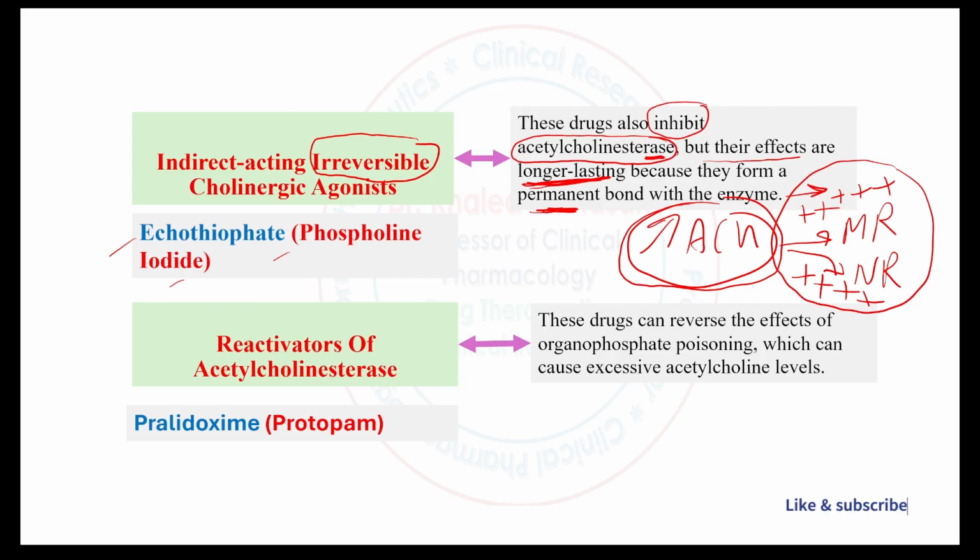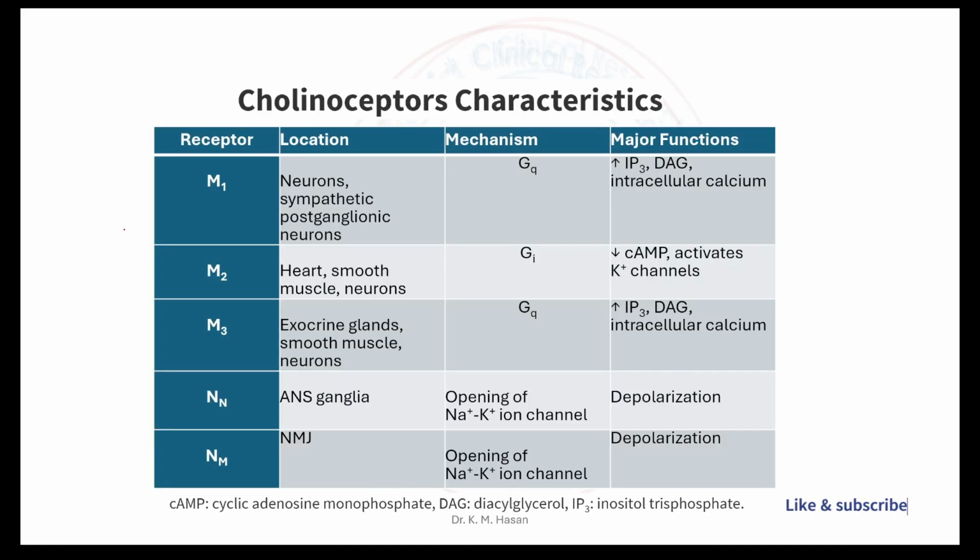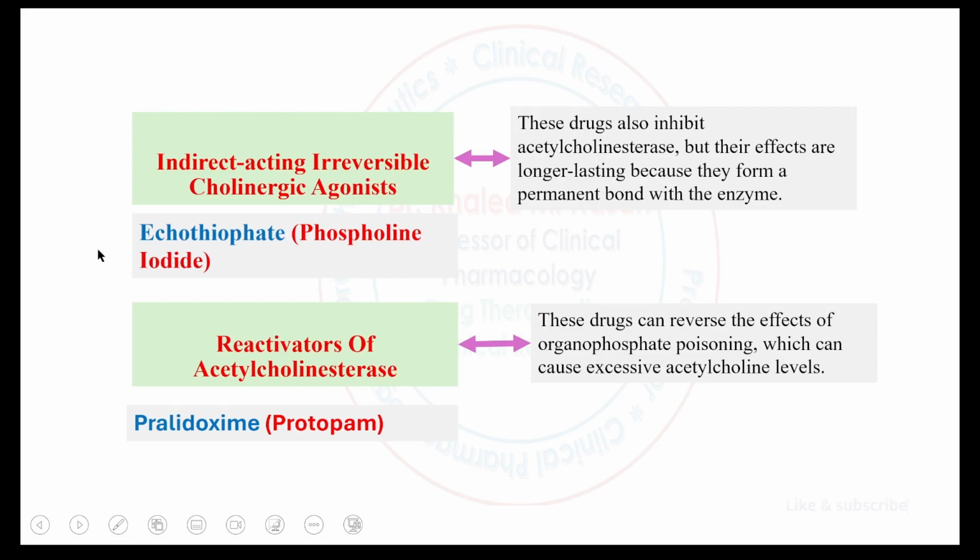Okay, moving to group number 4 of the acetylcholine agonists. Regarding group number 4, we can speak about this medication if the patient is exposed to pesticide or nerve gas, for example, echothiophate or sarin gas.